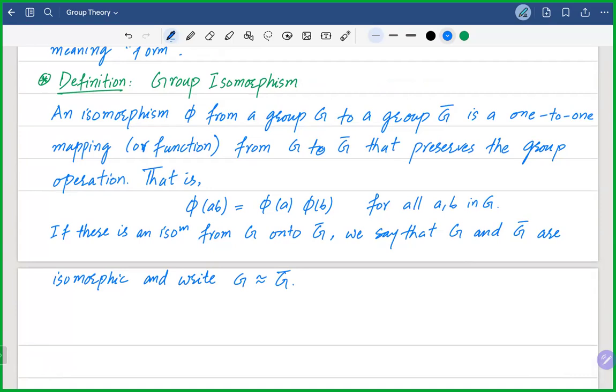Now, the definition of isomorphism ensures that if phi is an isomorphism from G to G bar, then the operation table for G bar can be obtained from the operation table for G by replacing each entry x in the table for G by phi of x. Thus the groups differ in the notation only.